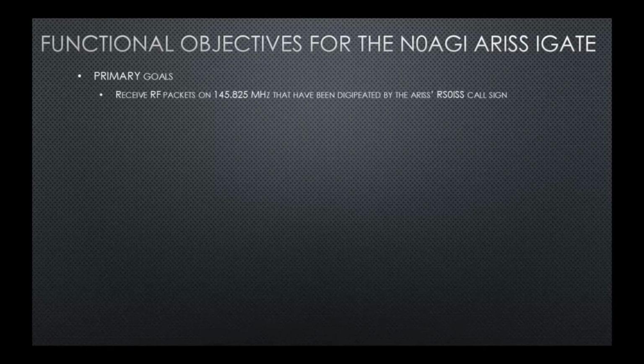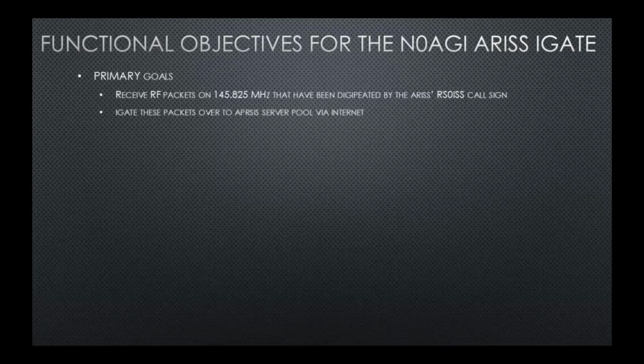One of the primary goals is to receive RF packets on the 145.825 frequency, which is the ISS frequency here in the United States, and receive only those packets that were heard by the RS0ISS call sign. RS0ISS is one of the call signs available on the International Space Station under the alias of ARISS.